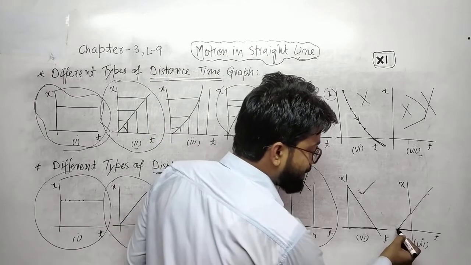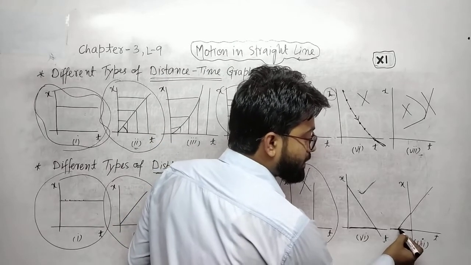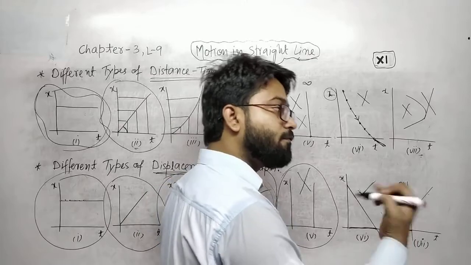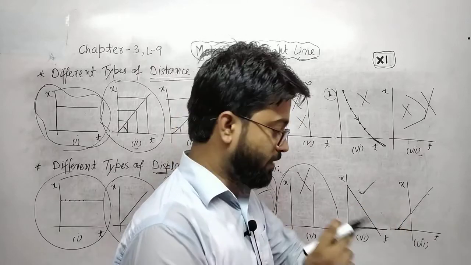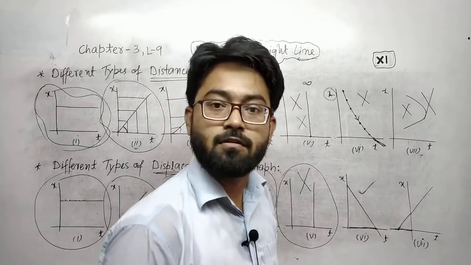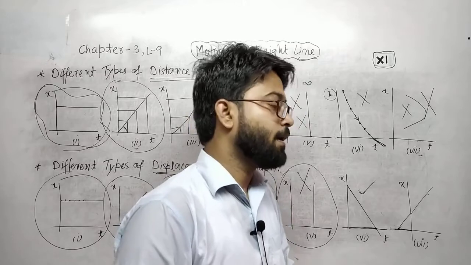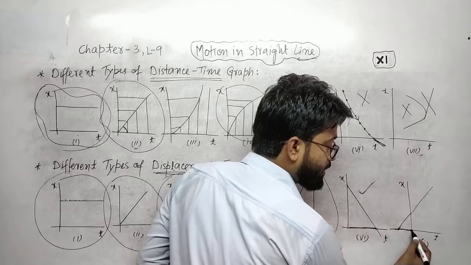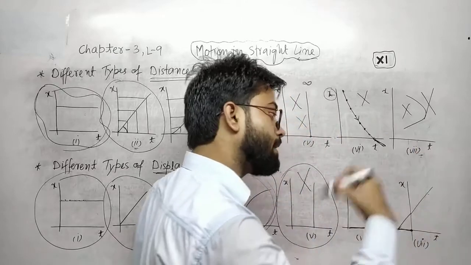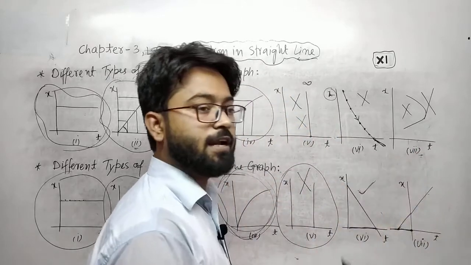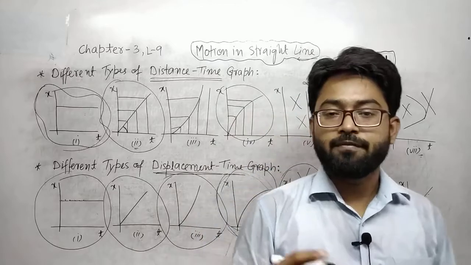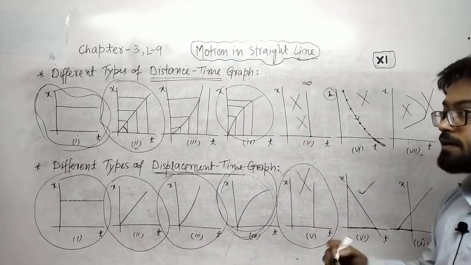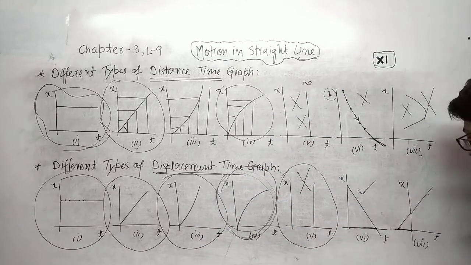This time shows that the object started before we started our stopwatch. Means we started the stopwatch from this point, but the object began 5 minutes, 5 seconds, 5 hours before we started counting the time. Okay. This graph is valid.